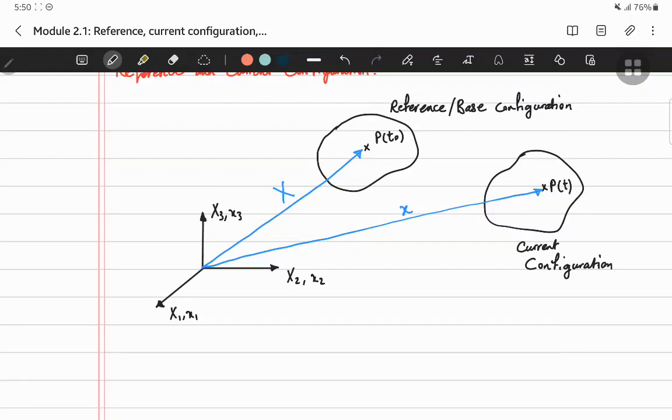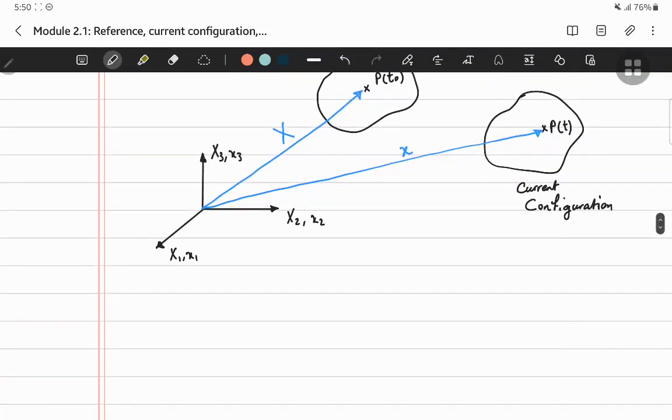Therefore, we will be able to characterize each point in the reference configuration as well as the current configuration. So we write it like small x. So this is the current position. This is a function of capital X and t.